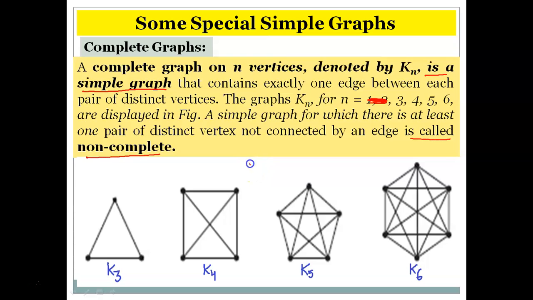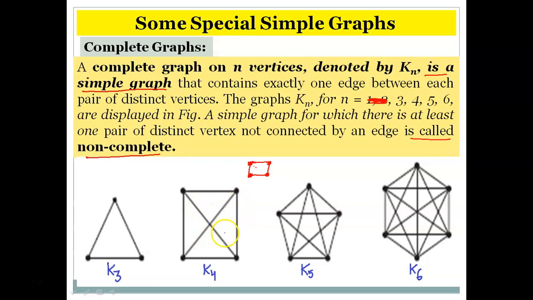Suppose if in place of this, I write that this is the graph of 4 vertices, this is not a complete graph because there is no edge between these two vertices. But now if we join these, you can say now you consider any pair of two vertices, there will exist an edge. So such a graph is called a complete graph.